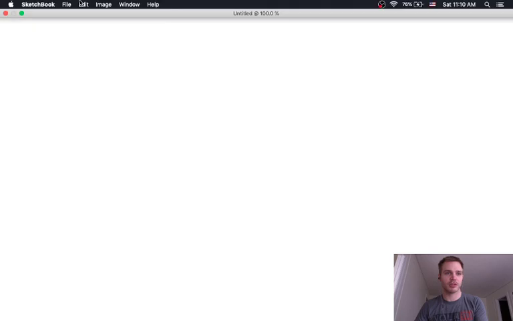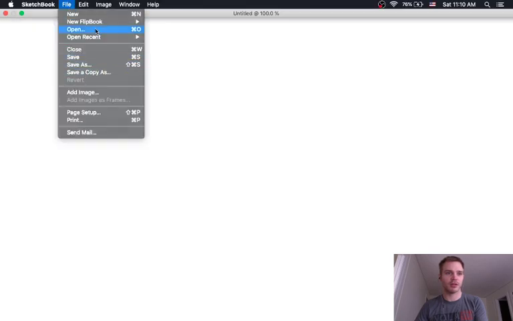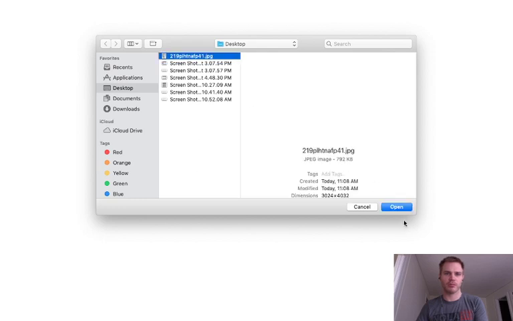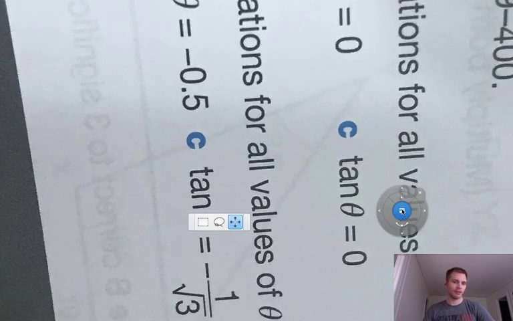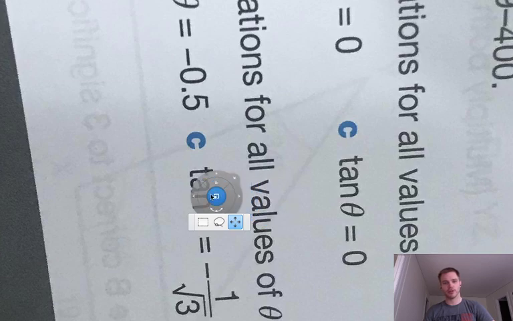Let me add this image in here so I can work on this problem. This is the question we got. Sorry, my computer is really slow. There we go.